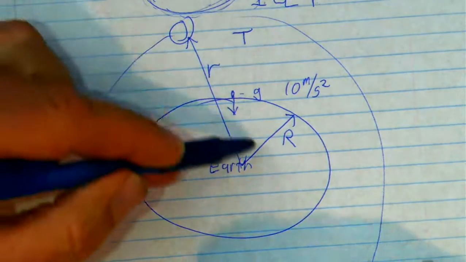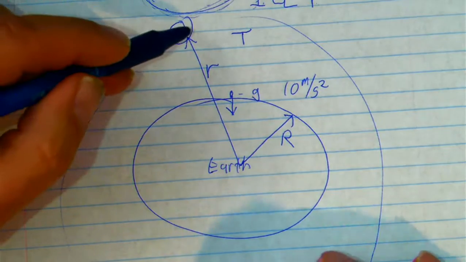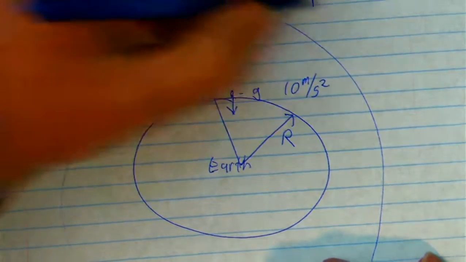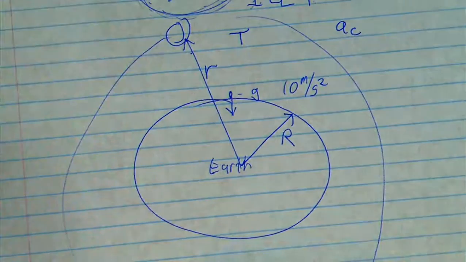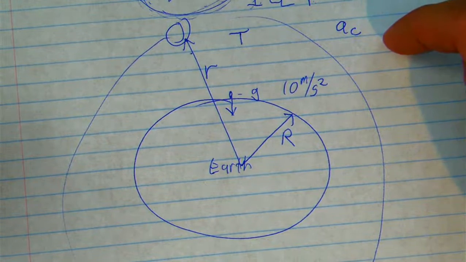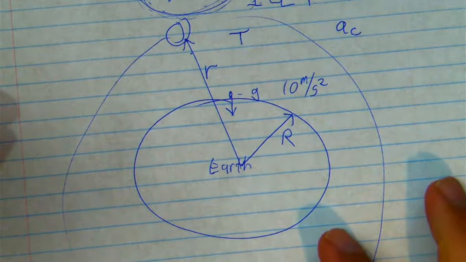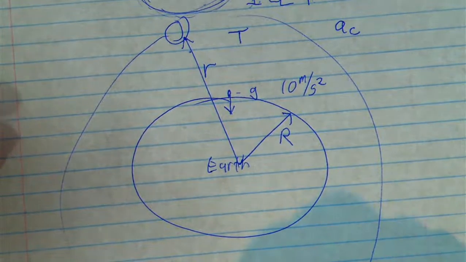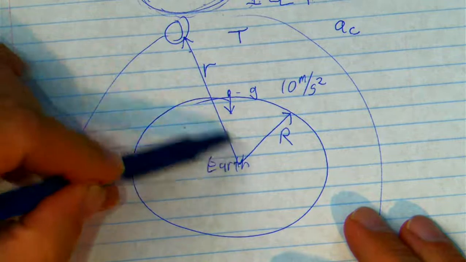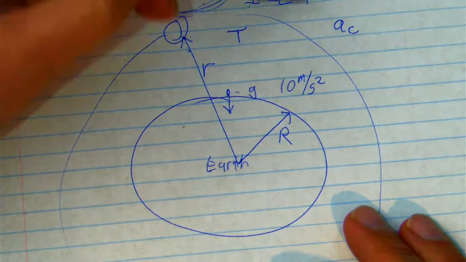So he was able to calculate the acceleration of the moon towards the earth, the centripetal acceleration. He had enough information. Remember, you don't need the mass for the centripetal acceleration. You just need the other pieces of information. And he predicted what the acceleration would be of the moon if his formula were correct.